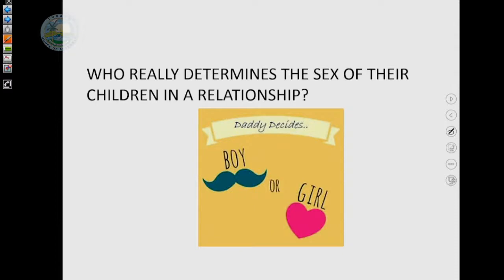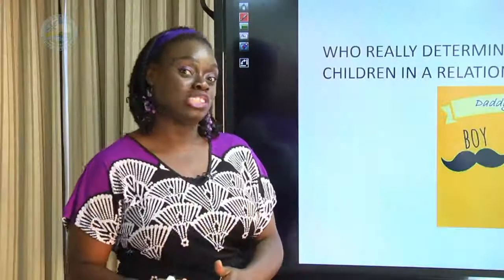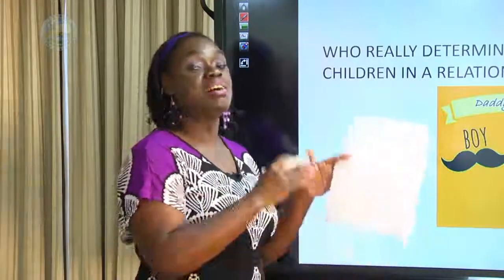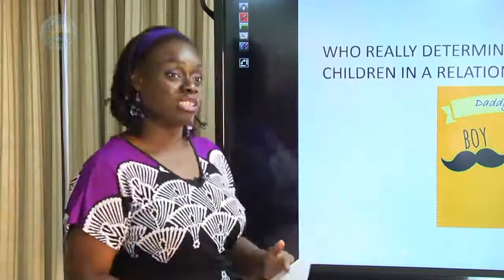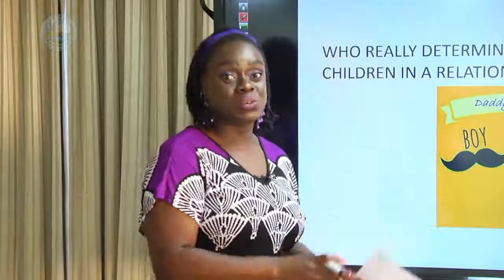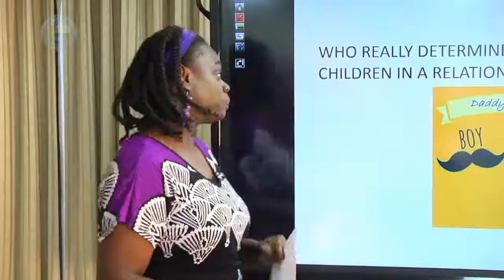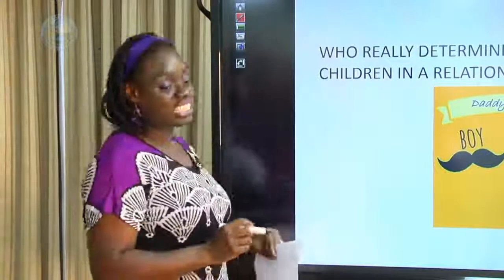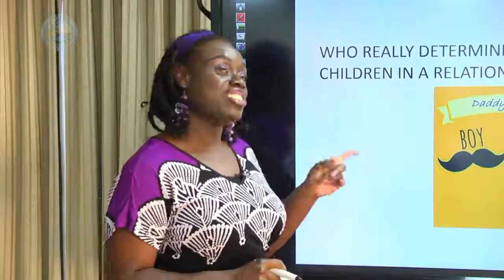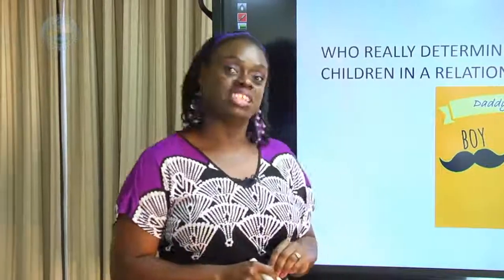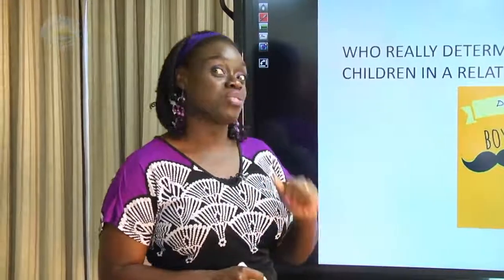So daddy would determine whether the child is a boy or a girl, because daddy has both X and Y chromosomes. So he can donate both X and Y to the offspring. Women can only donate X chromosomes. So it means that poor King Henry, if he had known that, then he wouldn't have executed his wives. He would have probably said, off with my head.